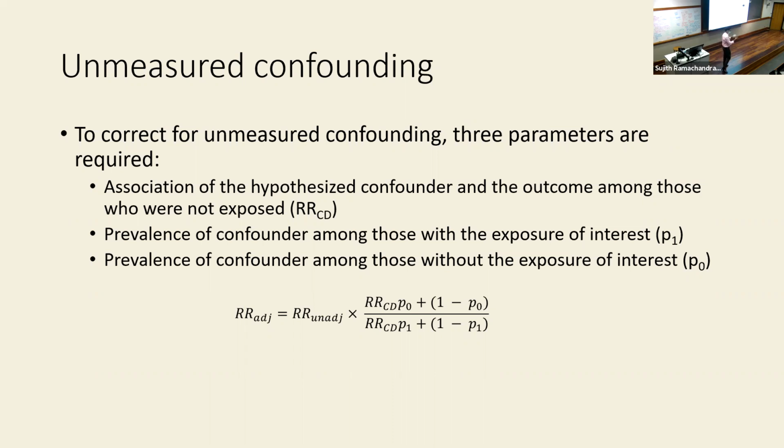And let's say none of those things exist. As a researcher, you can still do a literature review to identify the relationship between the confounder and the outcome among the individuals without the disease, and identify the prevalence of the confounder with and without the exposure, just from published literature, and then plug those into the formula to see if you can adjust for quantitative bias analysis.